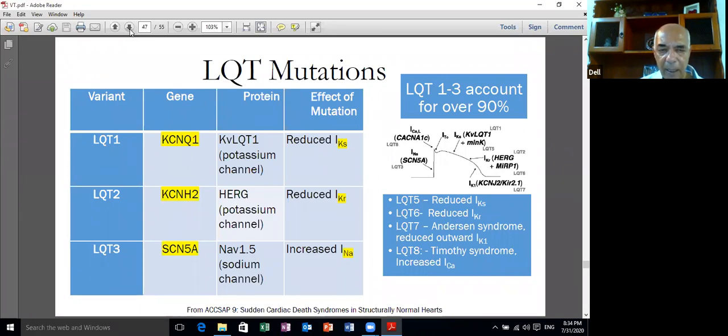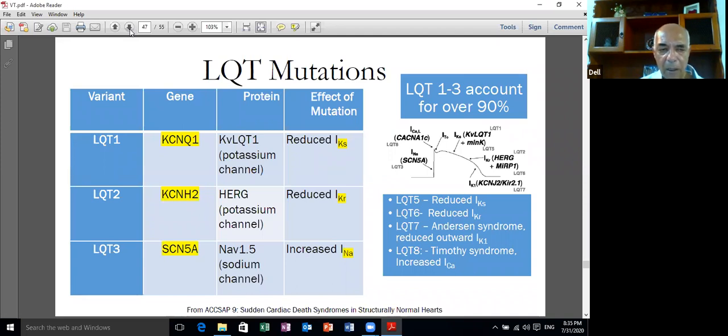Phenotypically, it's characterized by a low amplitude notched T wave. These patients are modestly responsive to beta blocker, and the Torsades is precipitated by auditory stimuli like the sound of a bell or a telephone bell, or the postpartum state.